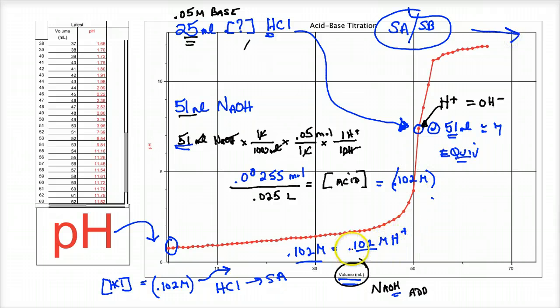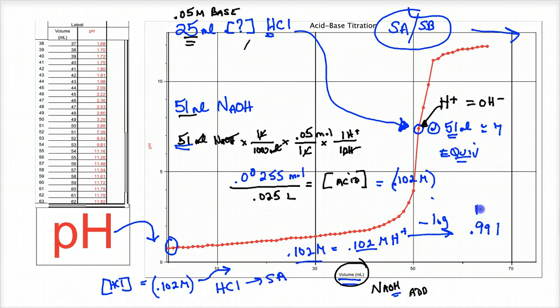So if I've got 0.102 molar H pluses, heck, I want to do negative log. Negative log of 0.102 molar, and I get a pH to be 0.991.